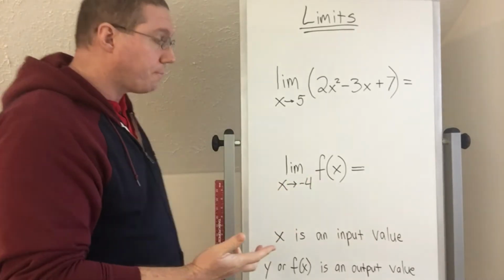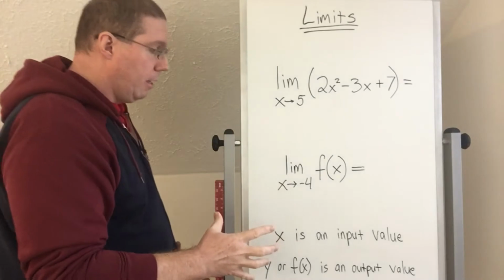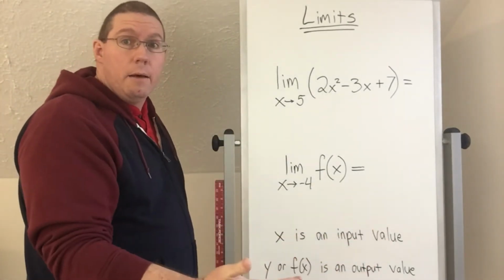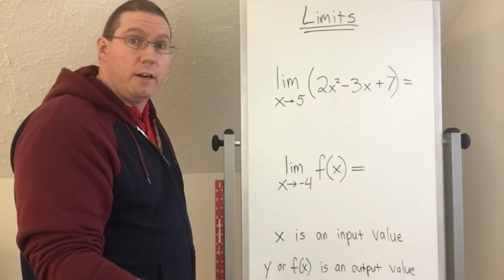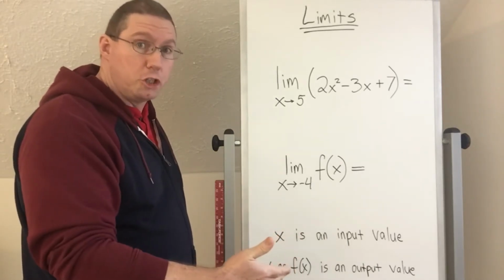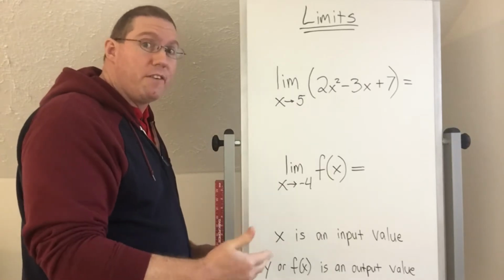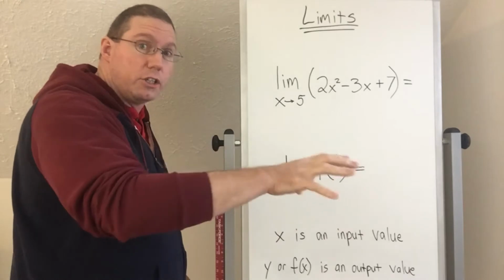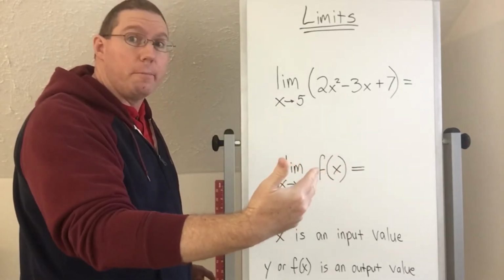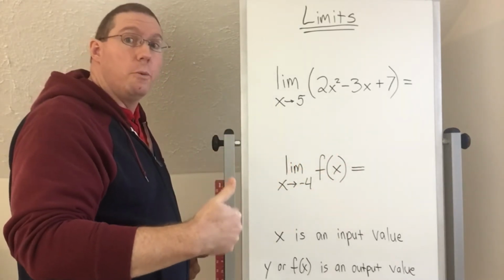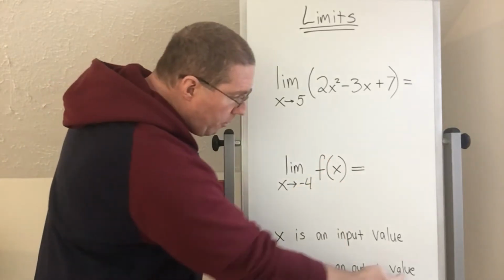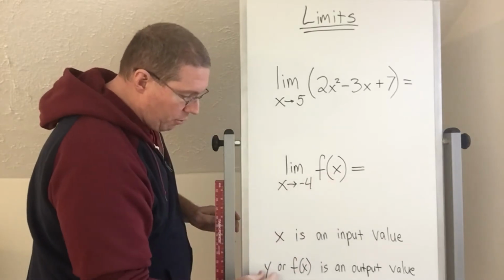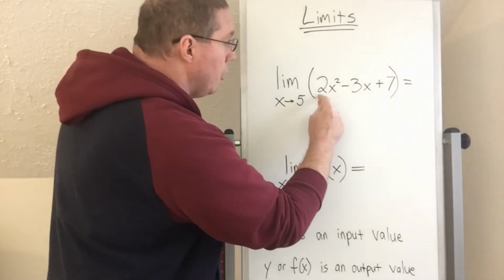Now, in a limit problem, the x is an input variable, just like in most of the math that you have done in pre-calculus and in Algebra 2, x is typically an input variable. You are plugging a number into the function to get an output variable. Okay, well, what is the output value? Well, the output value is typically represented by either the function f of x or the letter y.